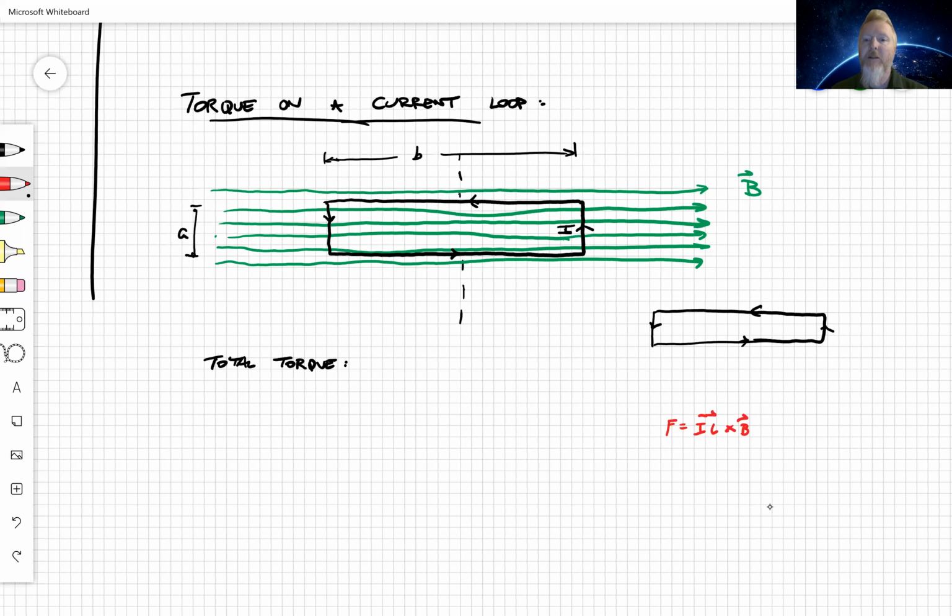Force is IL cross B. And I can't do a cross product unless there's some perpendicular bits to the L and the B, right? IL times B perpendicular, or if you like, IL times B times sine theta, okay?